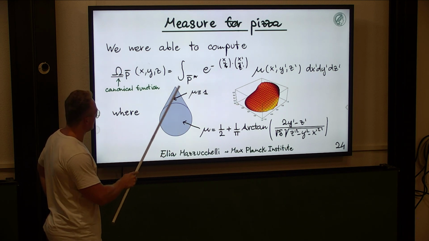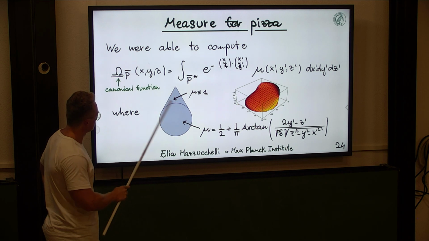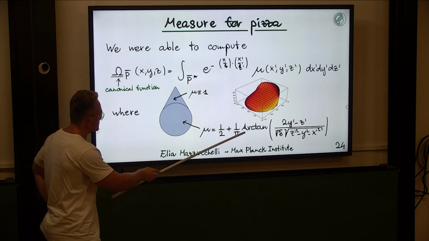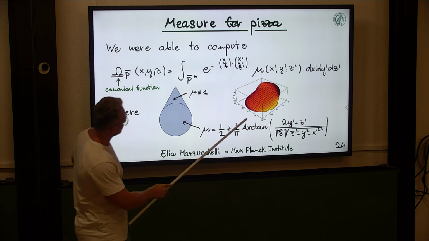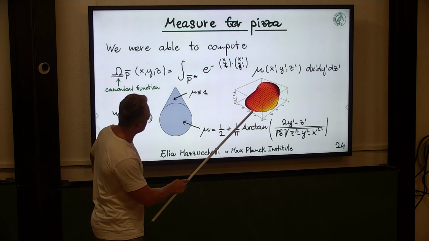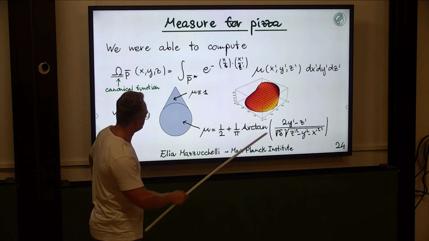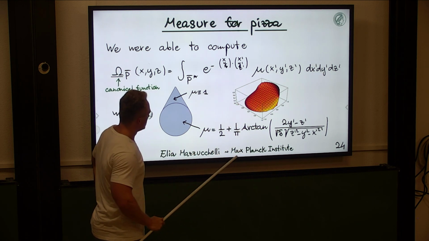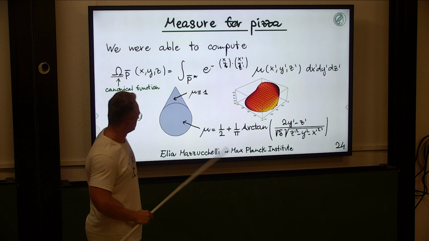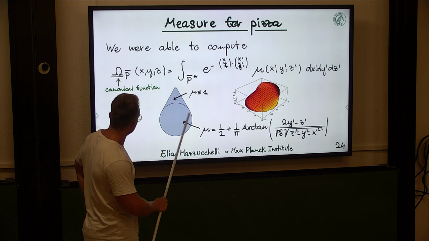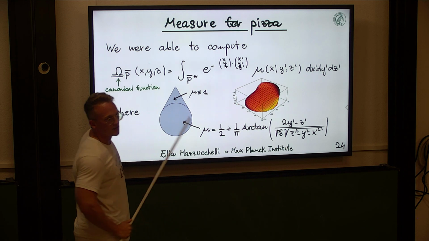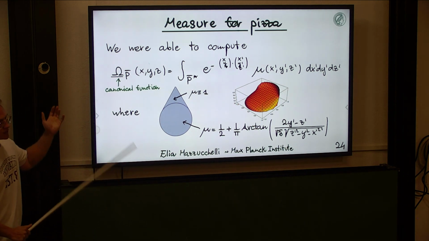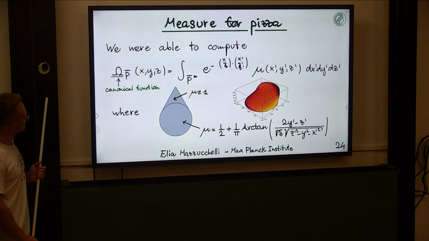So it is equal to 1 only on this part here, but inside the convex hull of the conic, it is basically some logarithm. And if you plot it, so here I'm plotting mu over the disk, it's non-negative. It vanishes on the boundary of the conic, but then it goes up to 1, and it is equal to 1 on the remaining part. It's actually smooth, even though it's piecewise defined.